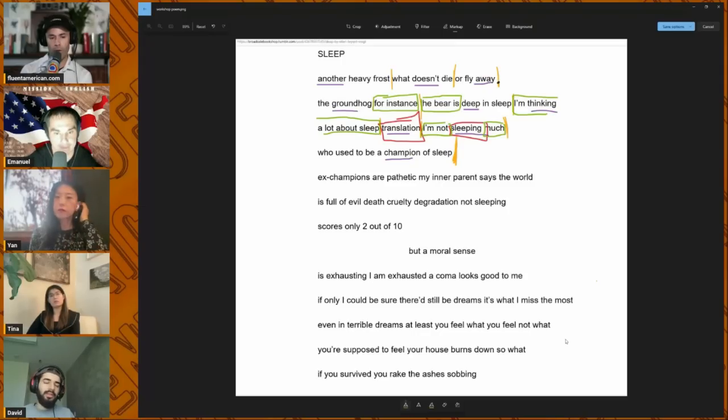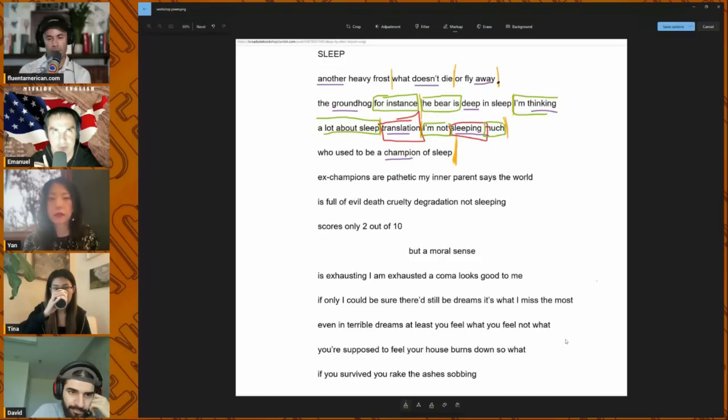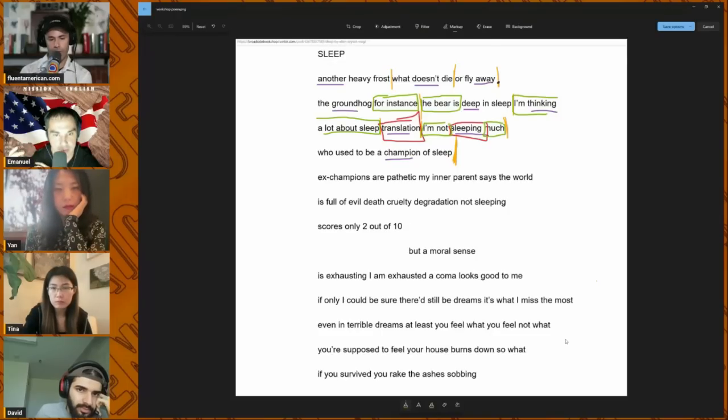Okay, so with these markings, you're telling me you're going fast on I'm thinking a lot about sleep. You're saying you're going slow on translation. You're saying you're going fast on I'm not. You're going slow on sleeping. Then you're going fast. Pitch-wise, what are you doing? The fast part, I think it needs to be low. Okay, so your first thought group is a lower pitch.